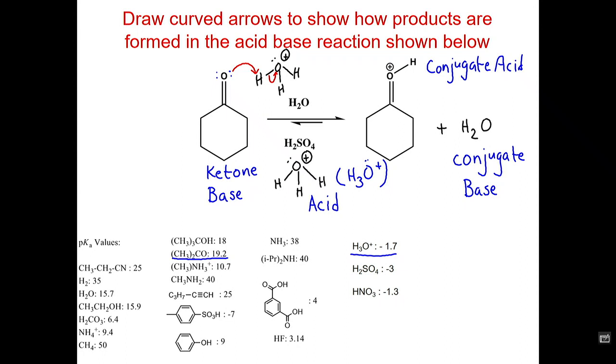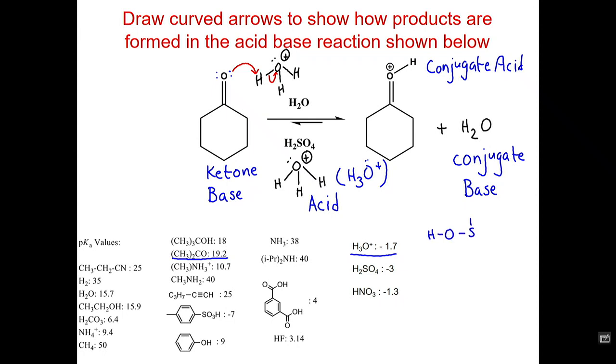It's hydronium that's protonating the oxygen, because when you add H2SO4 to water, all of the H2SO4 is converted into hydronium. Hydronium is the weaker acid, there is an acid-base reaction between those, and the equilibrium moves towards the weaker acid. You should know how to draw those arrows.